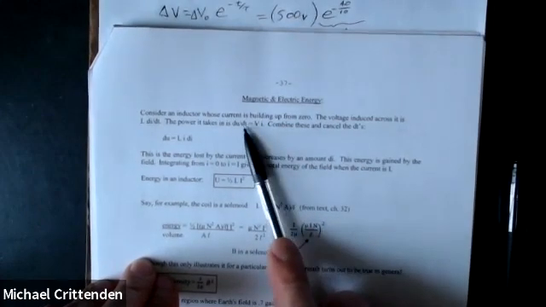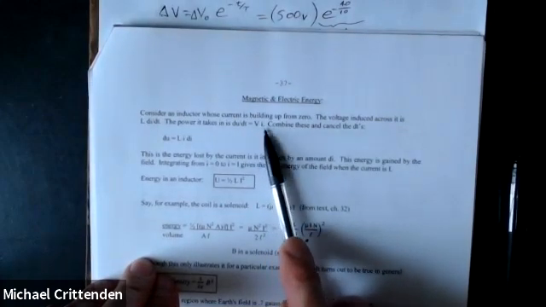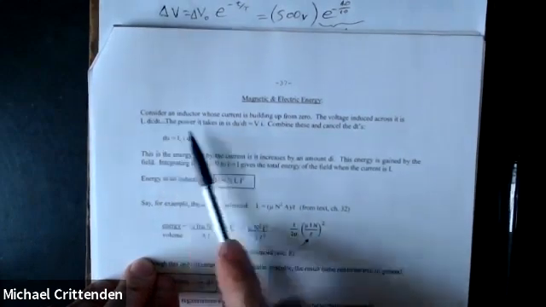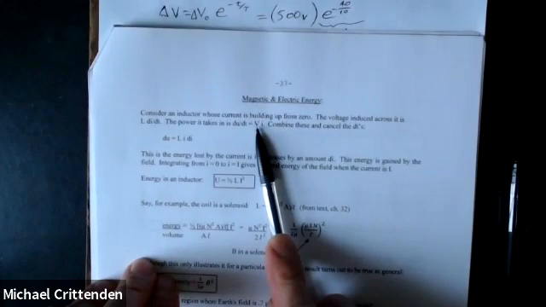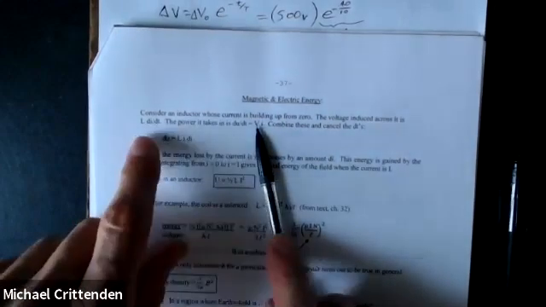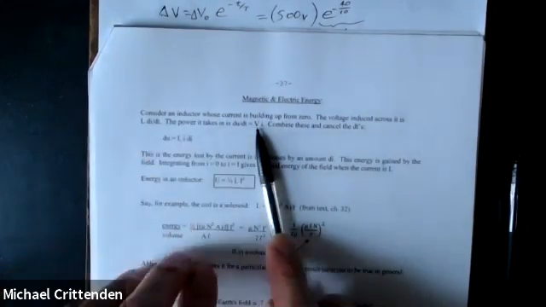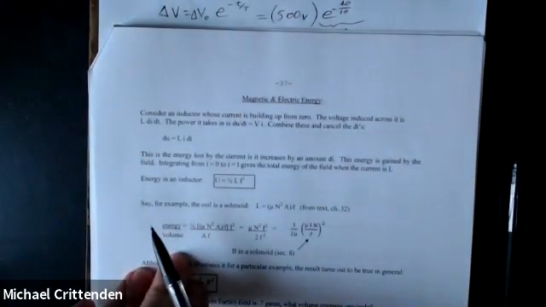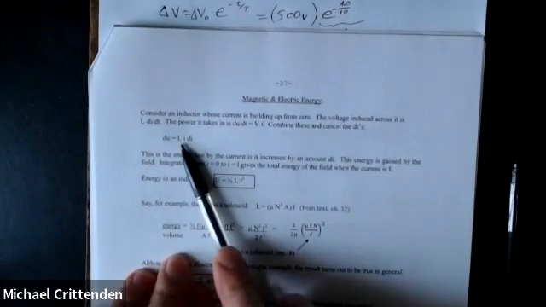Power is watts, which we saw earlier in the course is equal to volts times amps. So L dI/dt is equal to the voltage. If you put that in for V, then the dt's cancel out, and you're left with this.